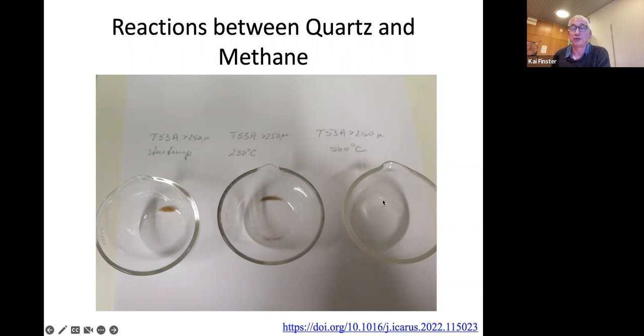Then we heated it up to 500 degrees, and you can see that the color disappeared. We did some follow-up experiments, and you can find the data in this paper down here, that we actually have the formation of aromatic organic compounds that are attached to the silicon matrix. So not only removal of methane, but also synthesis of more complex organic molecules by that process, which is very interesting.